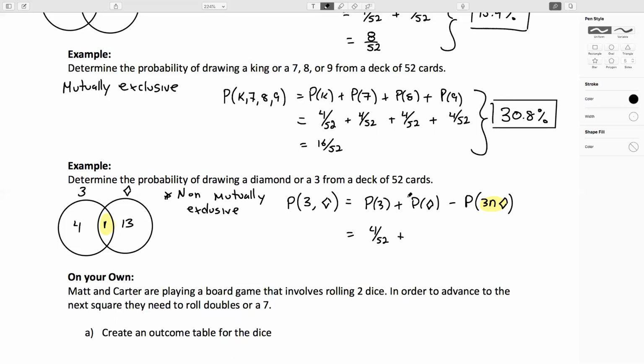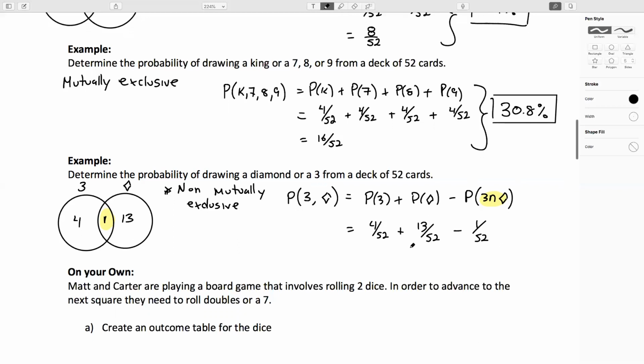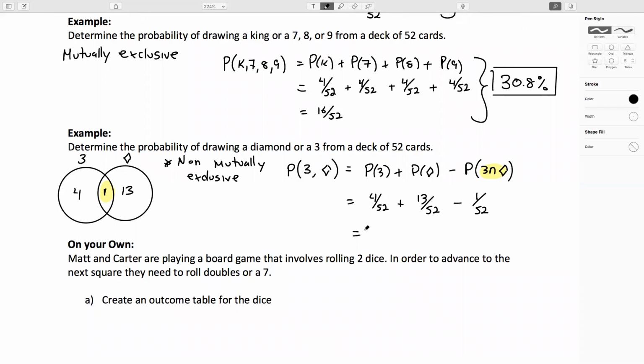Plus there are 13 diamonds in the deck, so 13 over 52. And there's only one 3 of diamonds, so we subtract the 1 over 52 because otherwise we're double counting it. We're counting it as both a 3 and a diamond, and our total probability is going to be inflated because we're going to have one extra outcome than actually satisfies the demand. So in this case, we've got 16 over 52, which again is 30.8%.